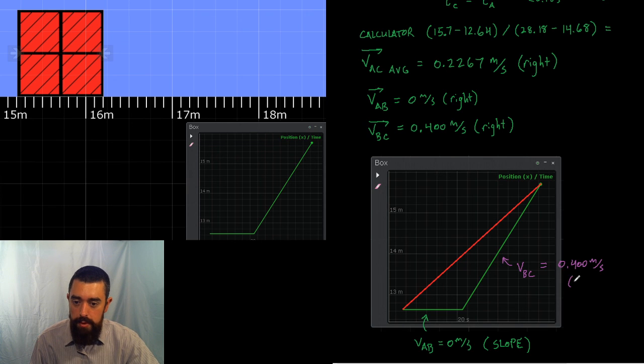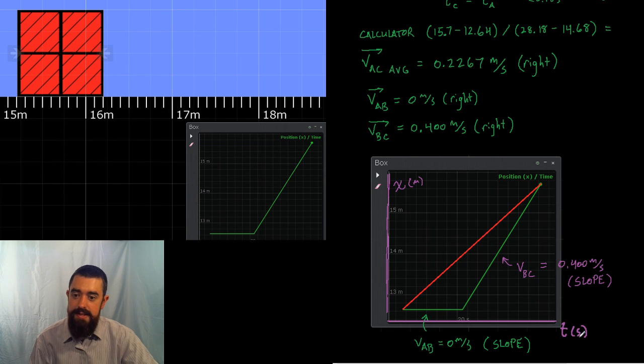And where's that? That's the slope. So velocity is the slope. This vertical axis is position. So we've got position x, which is measured in meters. And on the horizontal axis, there was time, and the time was measured in seconds.